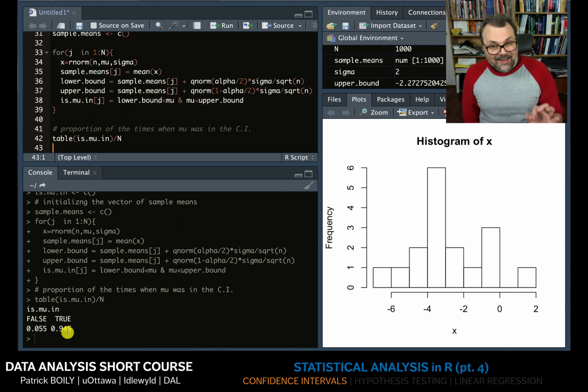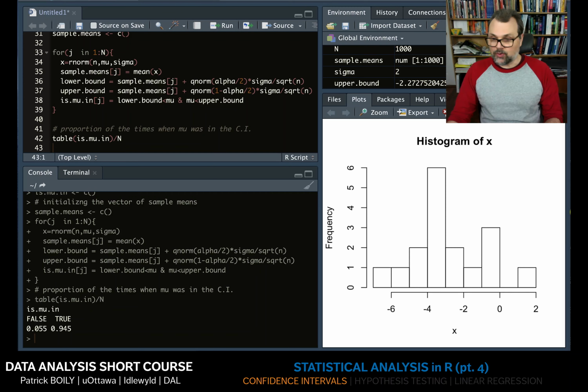See, not exactly 95%, not exactly 5%, but that's what randomness is. You can't ever guarantee, if you flip a coin 1,000 times, that you're going to be getting 500 heads and 500 tails. And if you wanted to take a quick look at the histogram of the sample means.